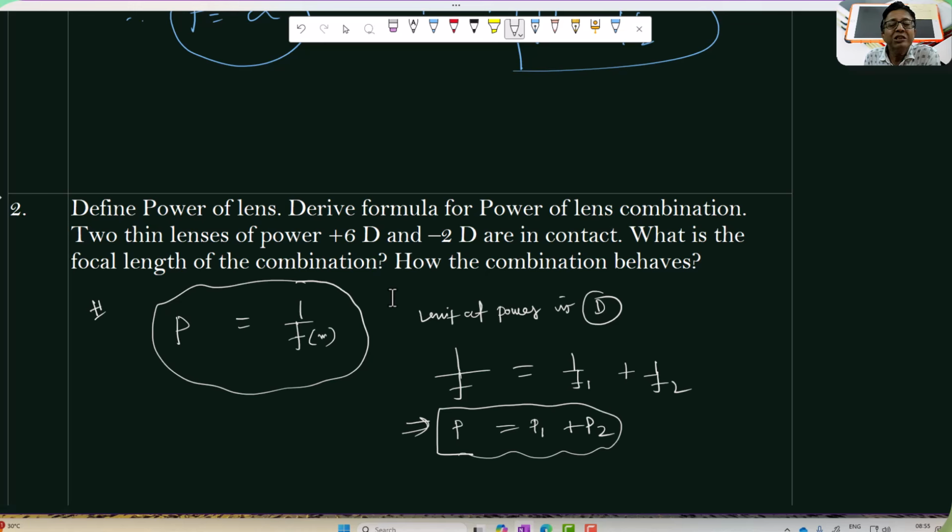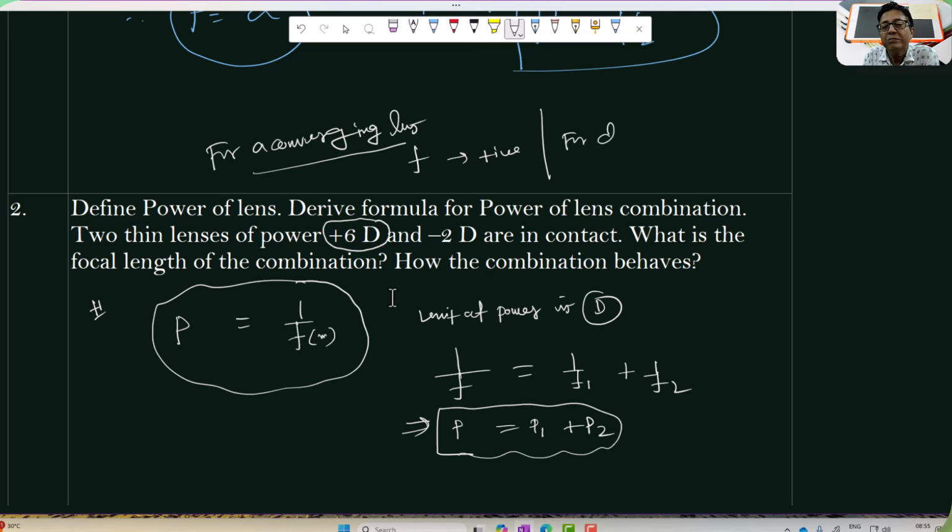Now, just by looking at the power of the lens, we can decide whether the lens is converging or diverging, because for a converging lens, focal length is always positive, and for a diverging one, f is negative.